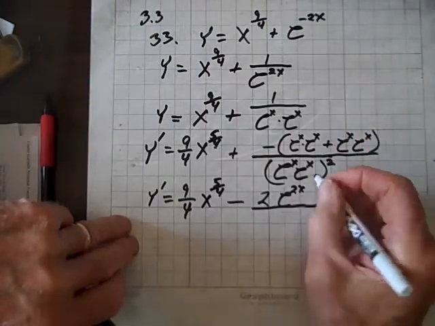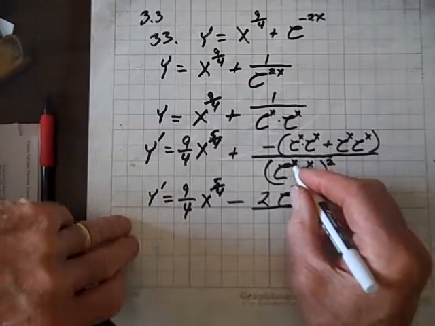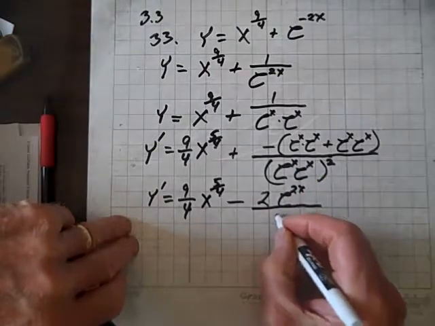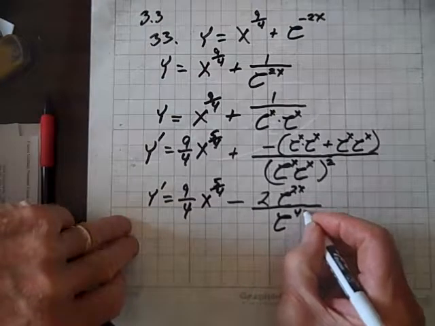And now, downstairs we have e to the x times e to the x, which is e to the 2x raised to the second power. That's going to be e to the 4x.